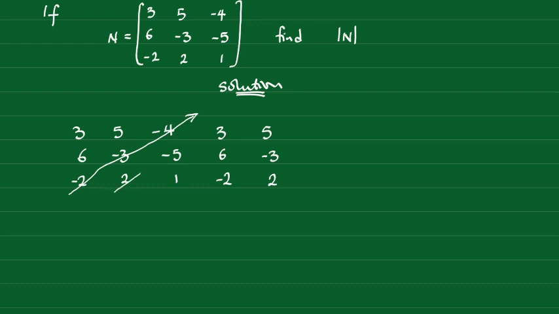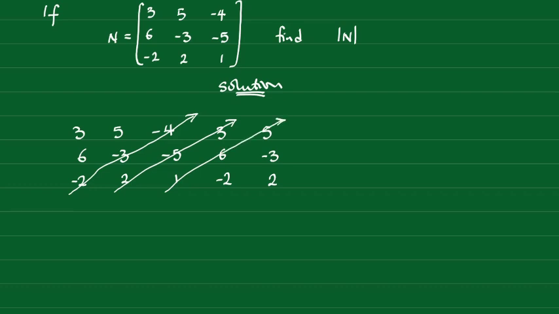So draw a line from 2 to 3. Now we draw another diagonal line from row 3 column 3 to row 1 column 5, where we have 5. So draw diagonal line. All right.